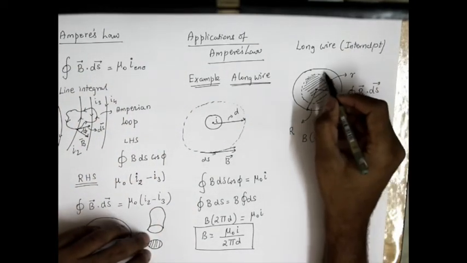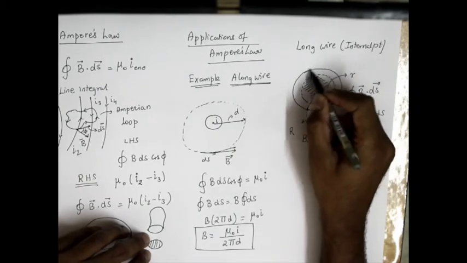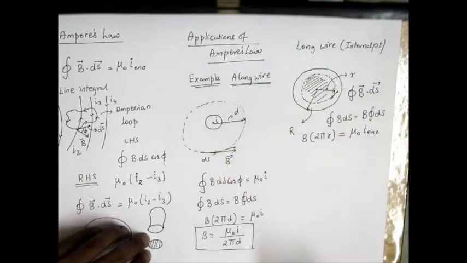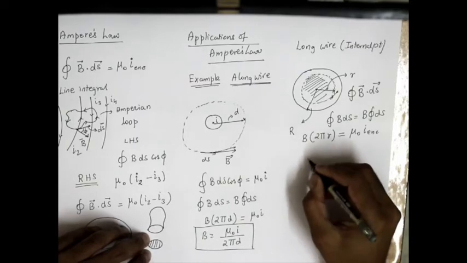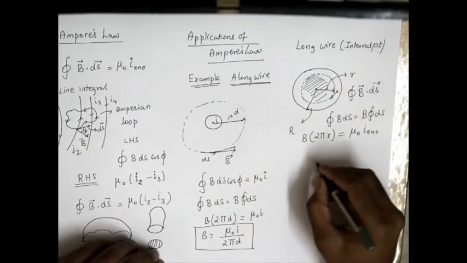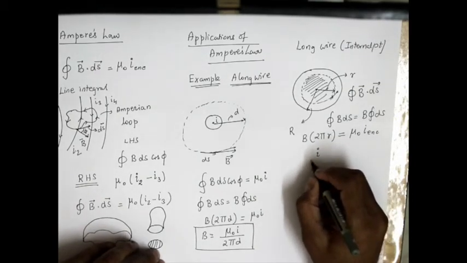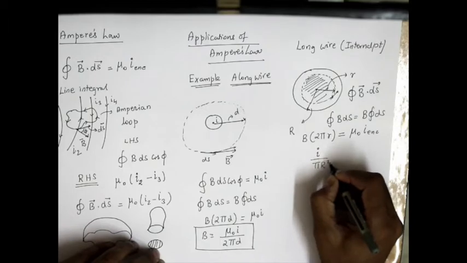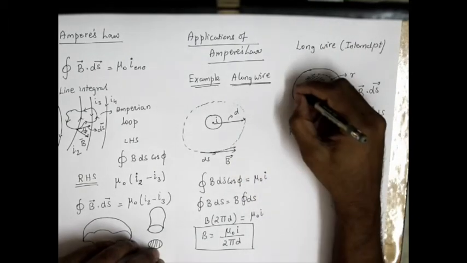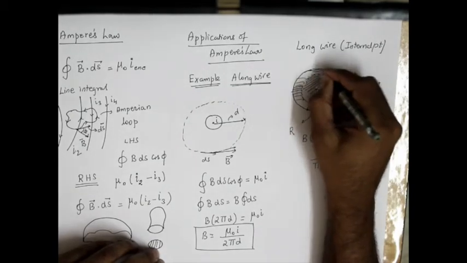We assume that the current is uniformly spread throughout this particular cross section of the wire. So let us calculate that. The current per unit area of this wire is given by the current divided by the total area of the cross section of this wire, including this. So there is current throughout the wire.